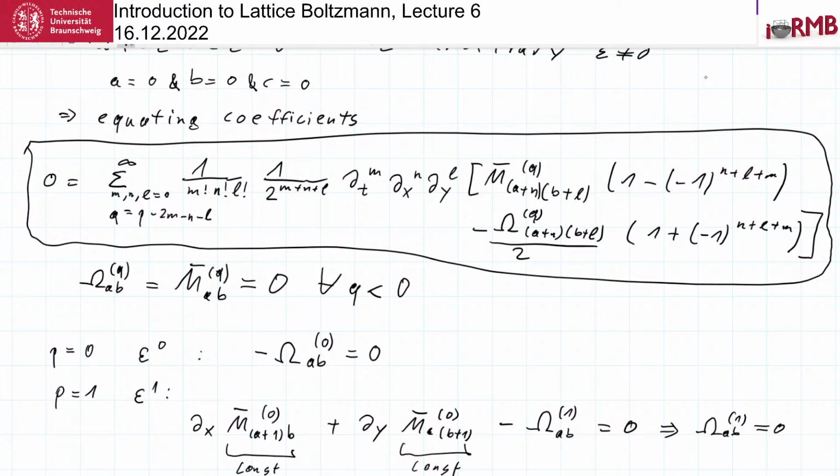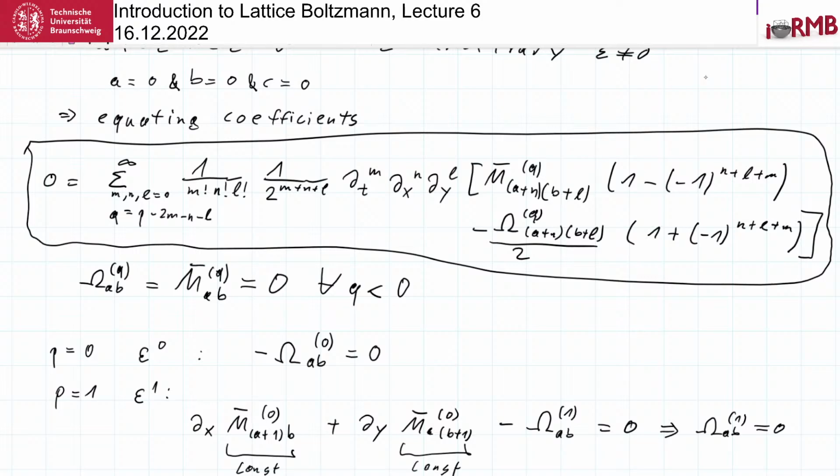So this means whenever Q is negative, it would disappear. And whenever we take a derivative here, it would count up either M or N or L. And so the moments back then would go negative. So the only part that is going to remain is these guys being all 0.